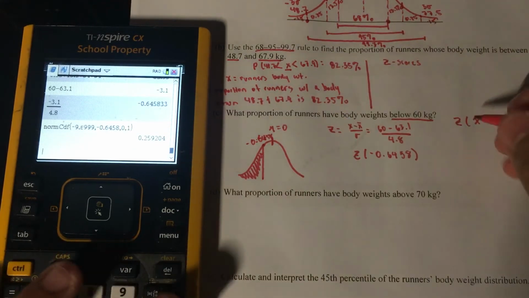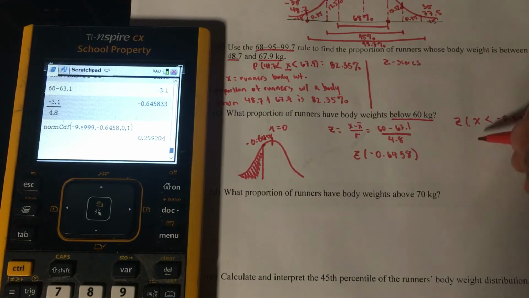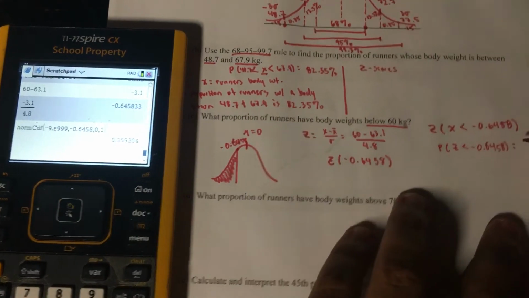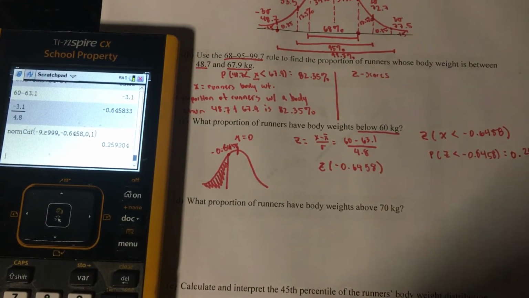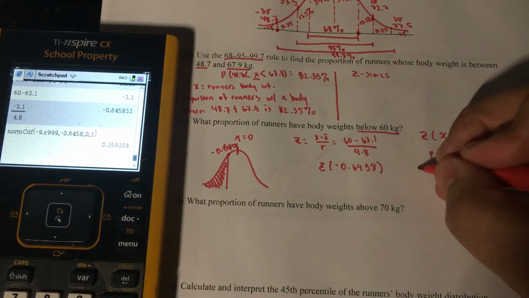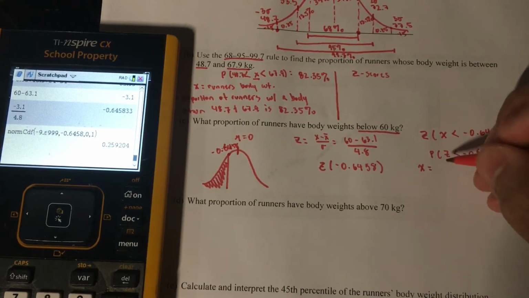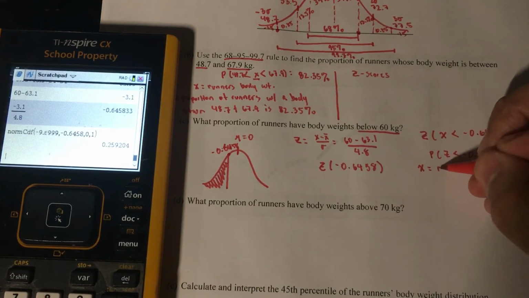So the proportion here is equal to 0.259. Okay, so again, guys, we do need to label X is equal to the runner's body weight.